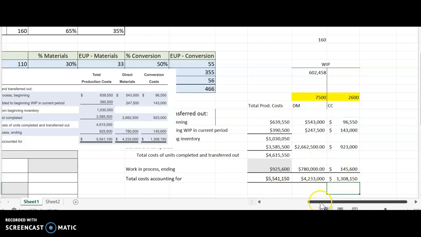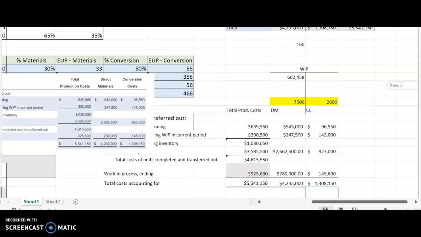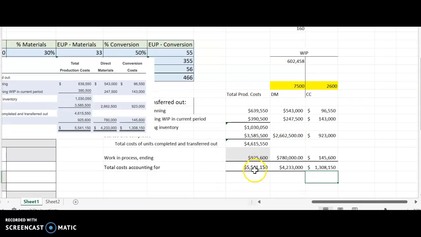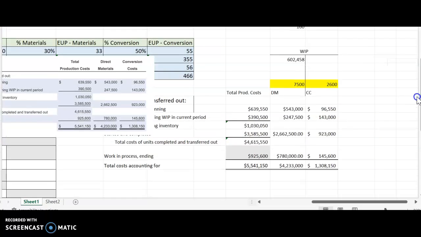So notice, once we get done, the 554115, the total cost right here should be the same as the total cost up here, but what we've done is broken them down and assigned the cost correctly using FIFO.